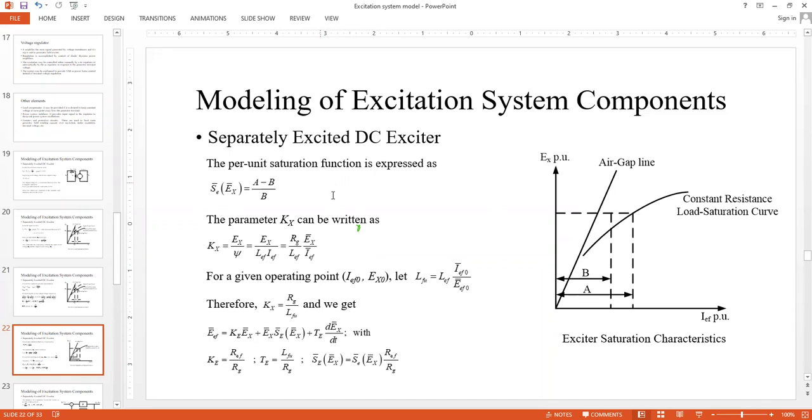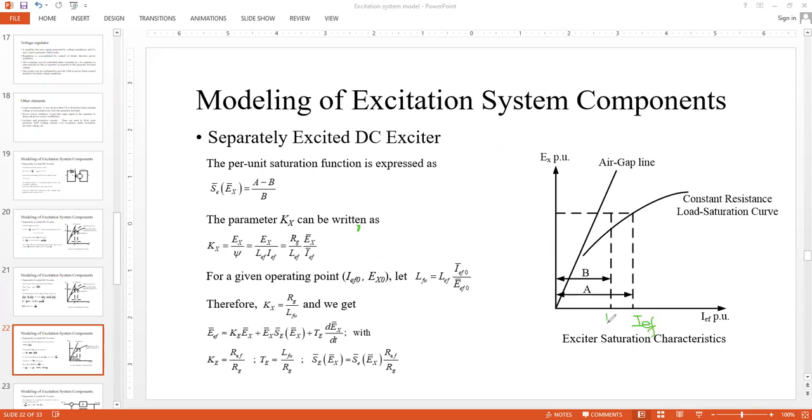So the per unit saturation function is now represented in terms of two variables, you can say. These are the two distances. One is the distance of this A, that is, this is IEF, but in per unit now.